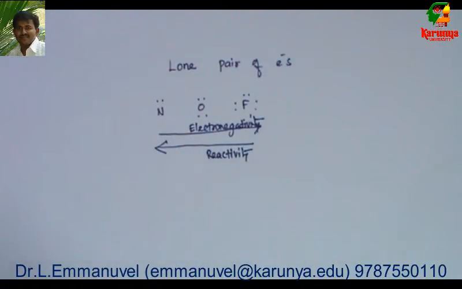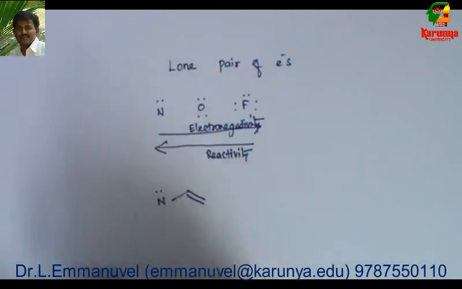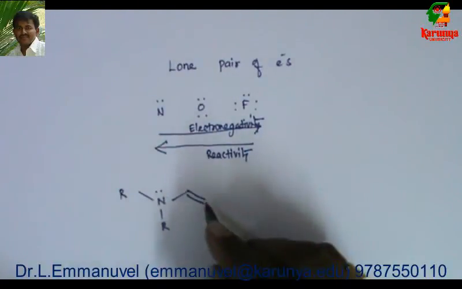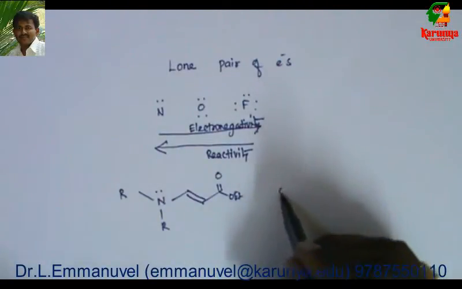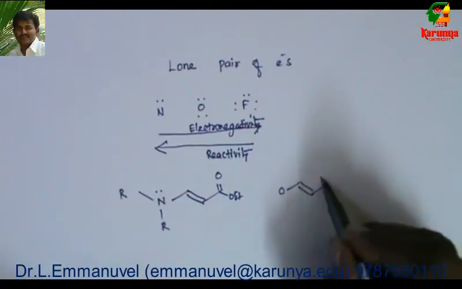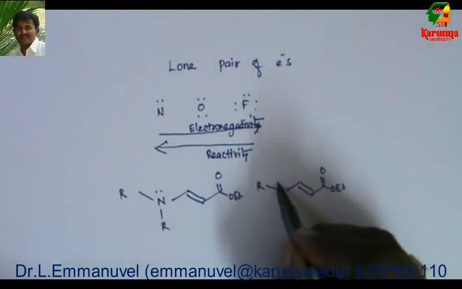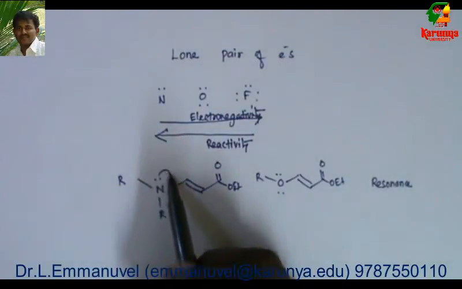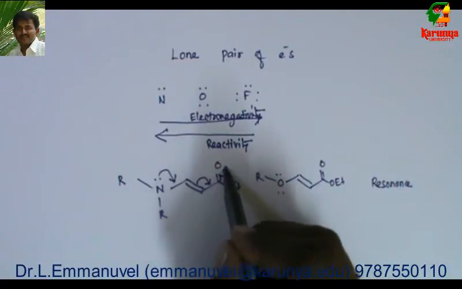Now let us go for resonance. Let us consider these two compounds. Now this lone pair of electrons can be involved in resonance and it can go like this.